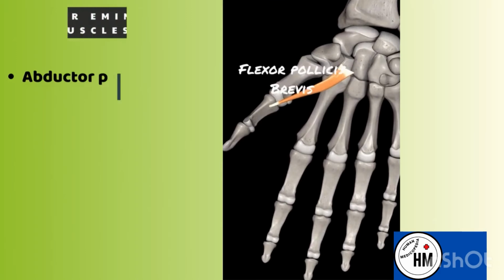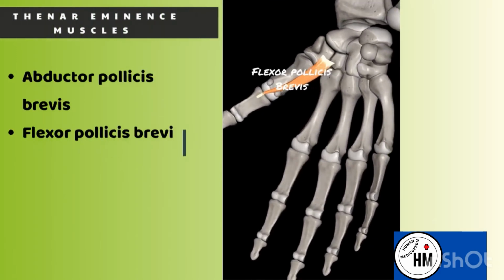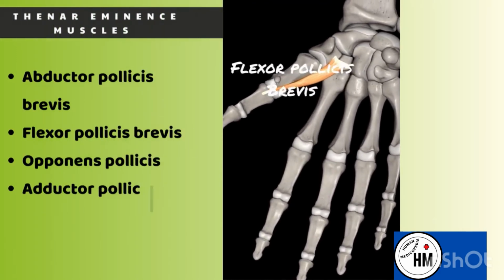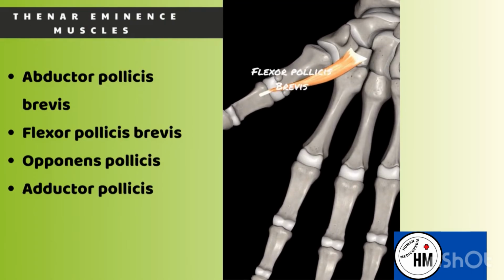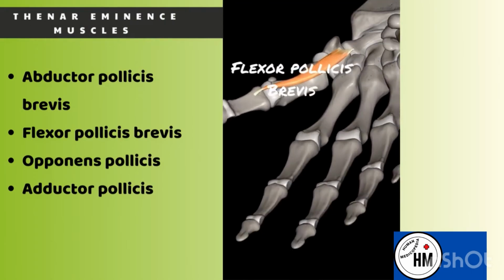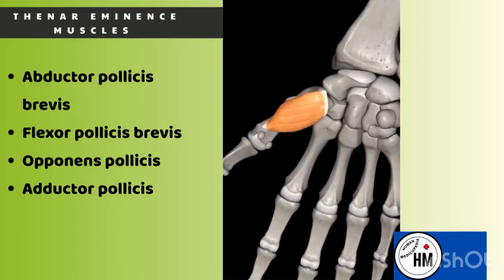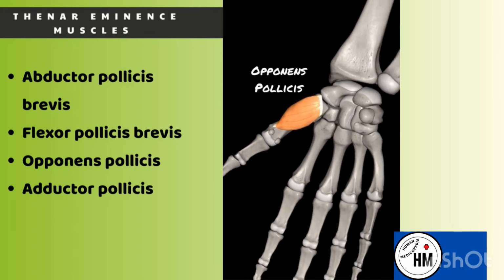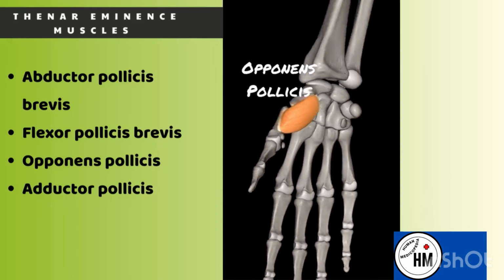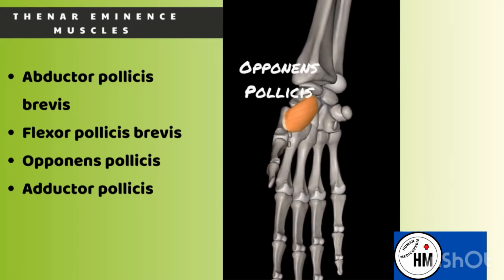The flexor pollicis brevis muscle, the action of this muscle is flexion of the thumb. As I already told, name tells the whole story. Next muscle is opponens pollicis. It helps in a movement called opposition, as we move our thumb while reciting tasbih.